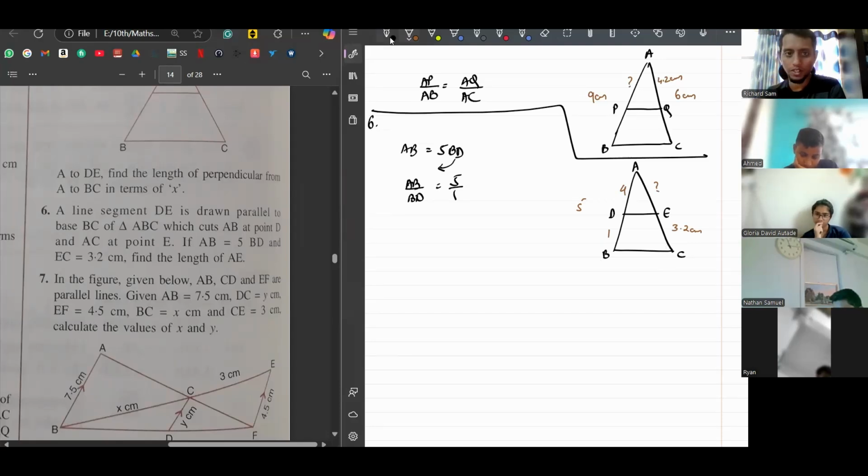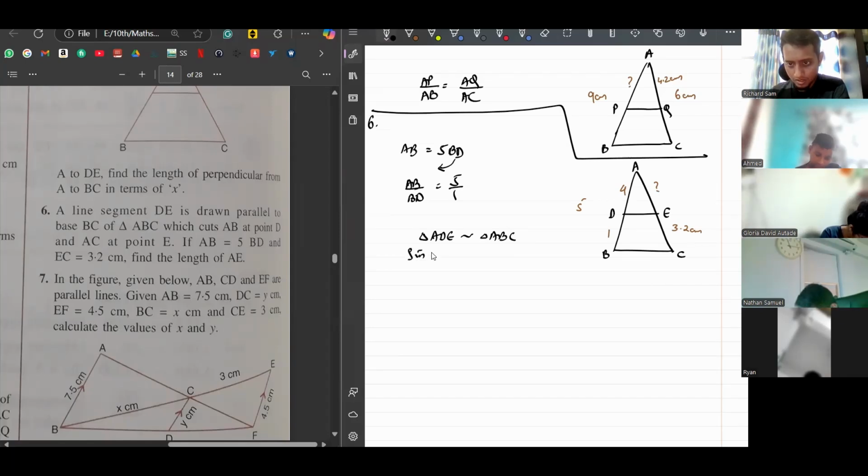According to the proportionality theorem, first we always have to write triangle ADE is similar to triangle ABC. Then since DE is parallel to BC, what is the theorem?